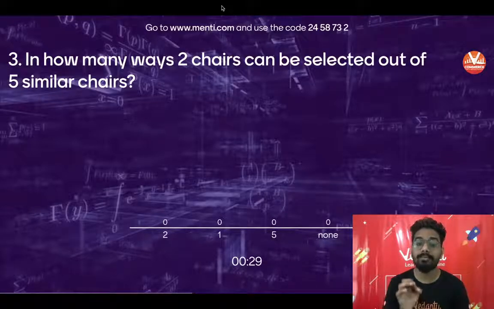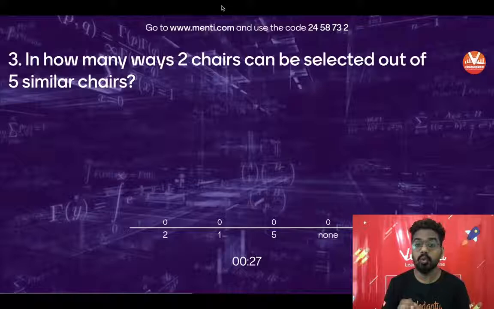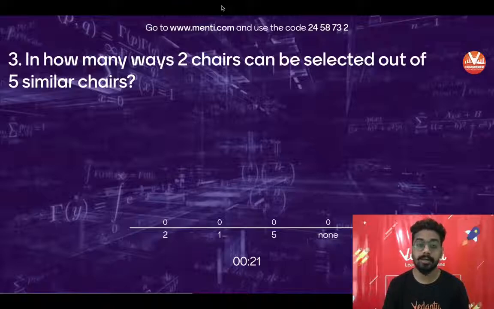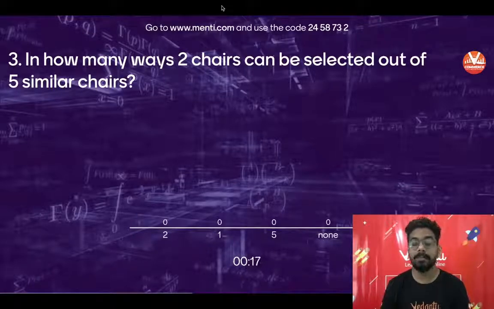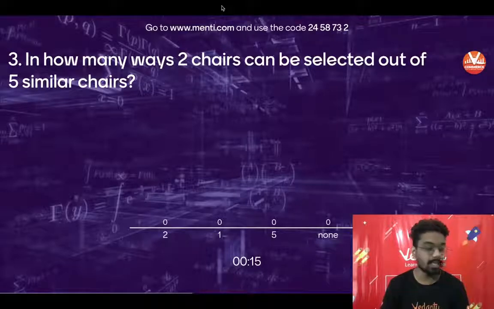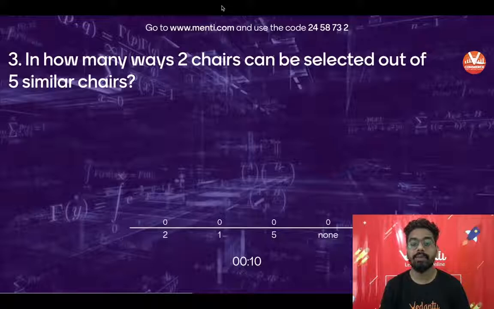How many ways 2 chairs can be selected out of 5 similar chairs? Last 20 seconds, 9 people has answered. Last 15 seconds are left. So let's see how many of you will give the right answer.